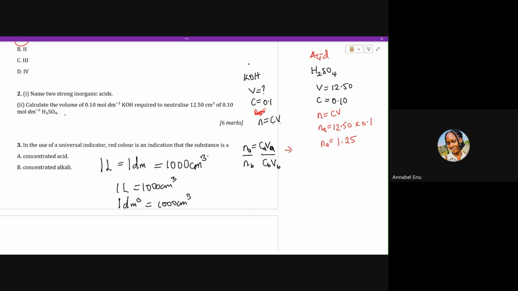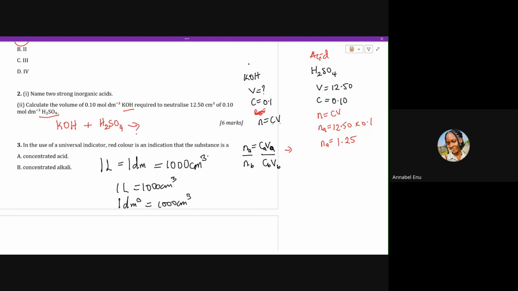For the balanced equation, we know we are dealing with H2SO4 and KOH, an acid-base titration. So KOH plus H2SO4. We know that it's acid and base, and so we know that we will get salt and water.